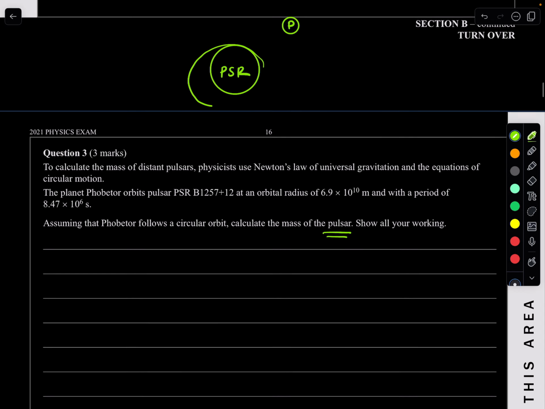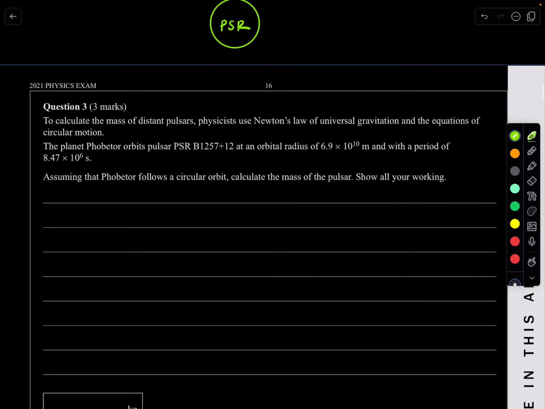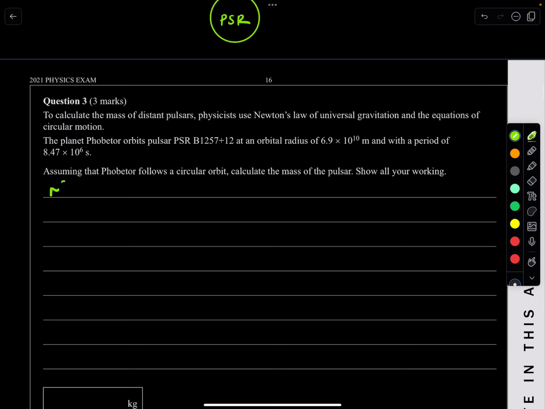So we want to calculate the mass of the central mass. That's easy, using your Kepler's law in this case. Kepler's law is r cubed over T squared is equal to GM over 4 pi squared. So we want to calculate M, the central mass, because we have both the orbital radius and the orbital period. Rearranging it, it's going to be r cubed times 4 pi squared over T squared times G, and that's going to be your mass.